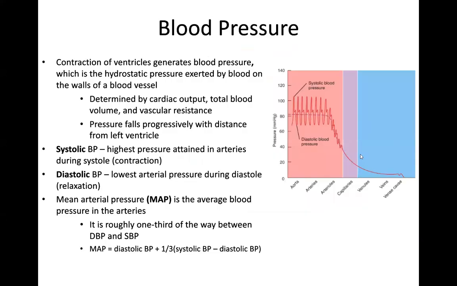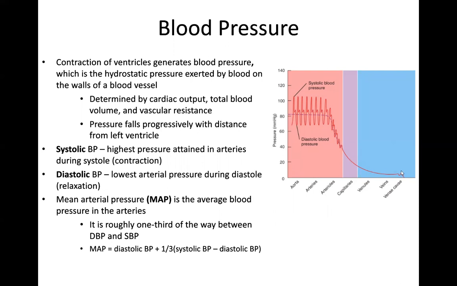As we can see in our graph on this previous page, which is measuring the pressure in the various blood vessels of our circulation, we start at the aorta, which is the blood vessel that receives blood when it leaves the left ventricle. Systolic and diastolic blood pressures are highest there, and as we travel farther away from the left ventricle, it gets less and less.